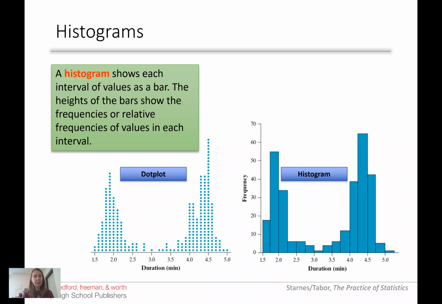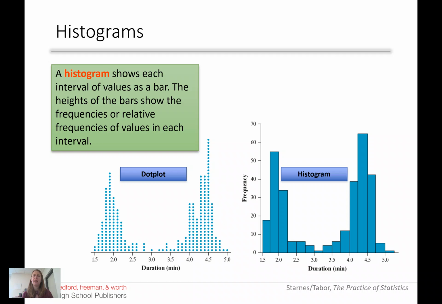Now the histogram bars do touch, unlike bar graphs where they don't touch, because it's a continuous axis. And the bins, you don't want them too wide that you don't get enough variation to see what the distribution looks like, but you also don't want them too narrow that you just have one value in every bin. So there's an art to it.